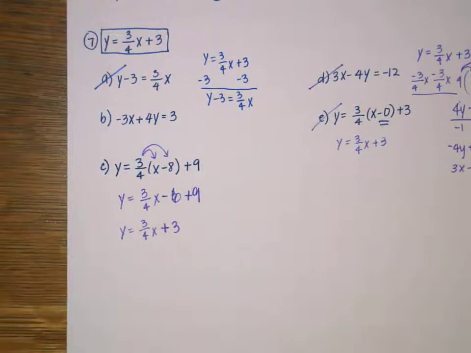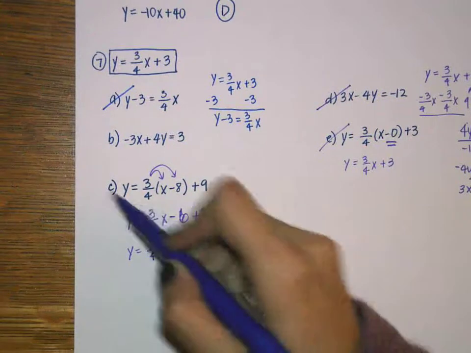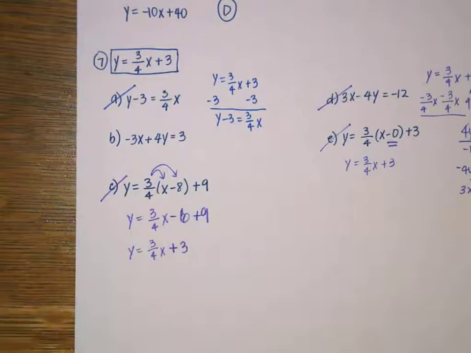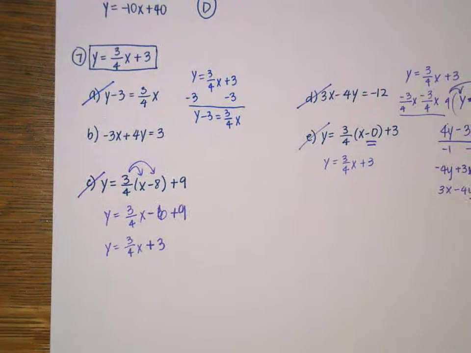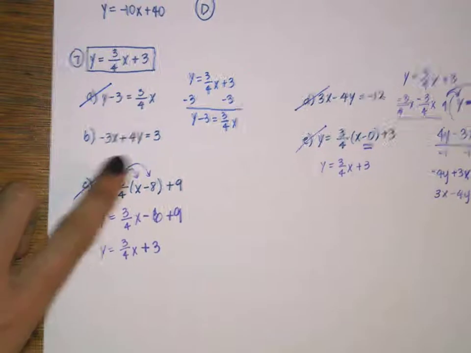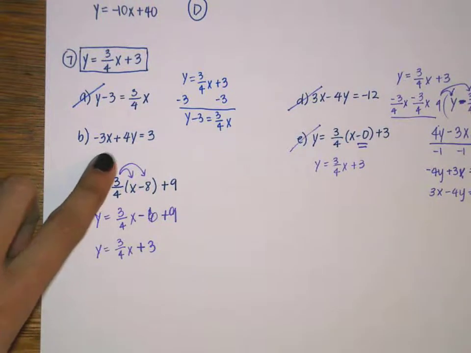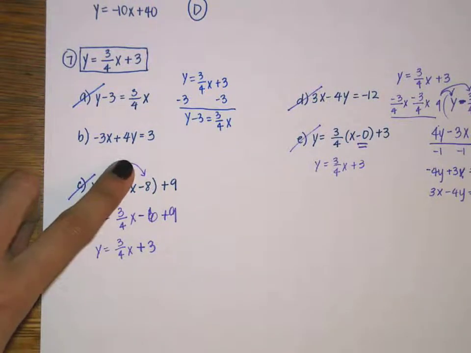Now, a lot of you will be like, oh, look, option B. That's the answer. It's always wise to double check and make sure. If you'll notice, we got negative 3x plus 4y is equal to 3. If you'll remember, over here on this problem, we got 4y minus 3x equals 12.